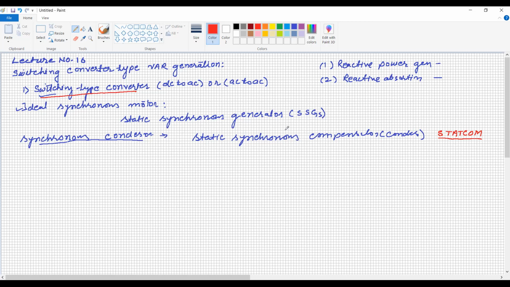Now, we try to understand the ideal operation of the rotating type synchronous motor for compensation.